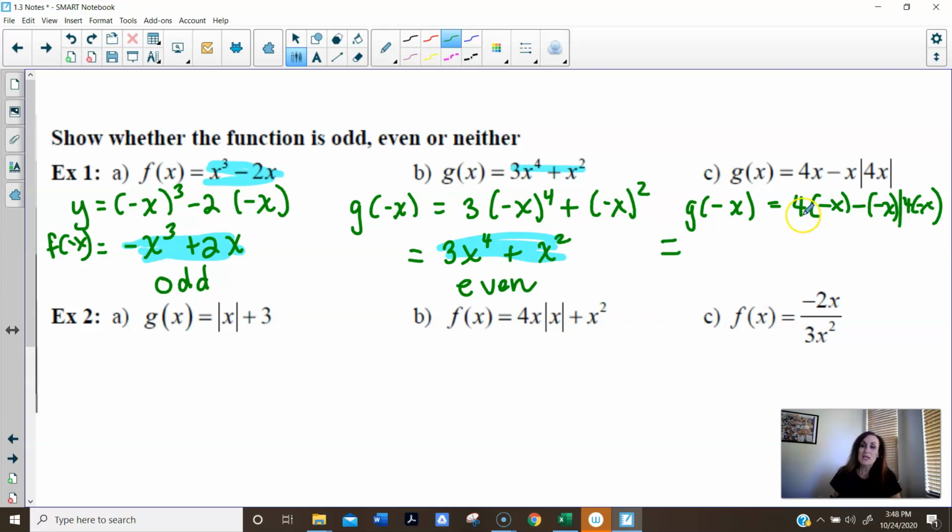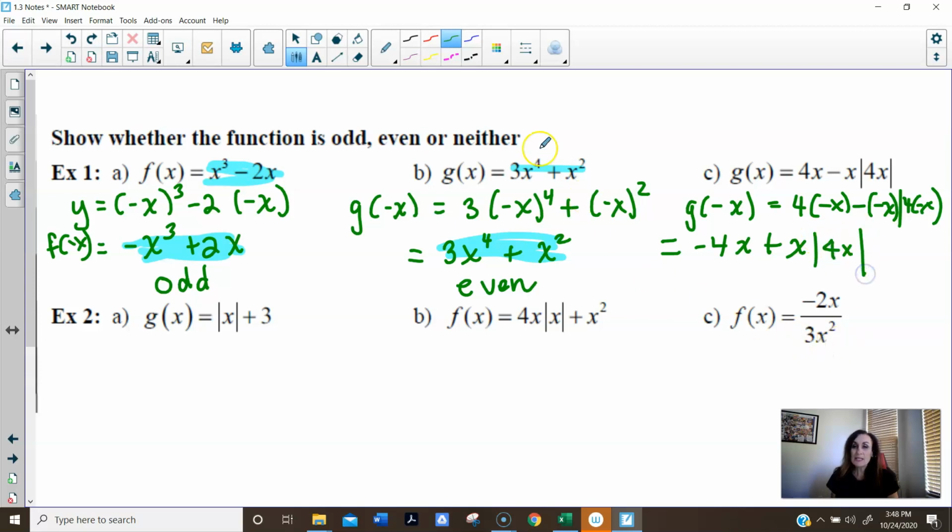But anyway, 4 times the opposite of x is the opposite of 4x. And these two are going to make it plus x. And then we have the absolute value, and this is going to come out the same as 4x.